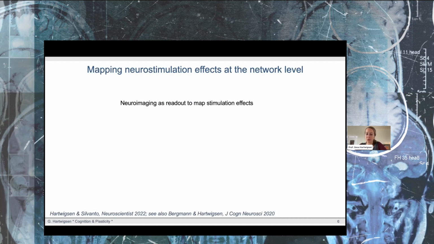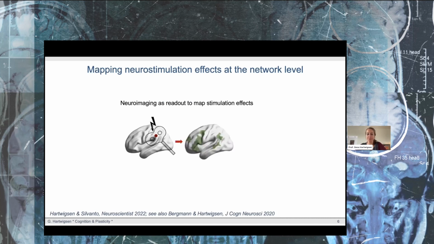And what I want to show you is how we use neuroimaging as a readout to map our stimulation effects. So the idea here is that I apply plasticity-inducing non-invasive brain stimulation, TMS, tACS, tDCS, and then map the after effect of my neurostimulation protocol. Usually the protocols that we use have after effects in a range of 30 to 45 minutes.